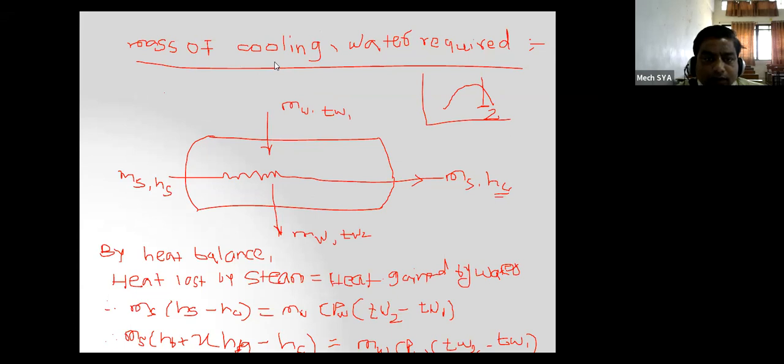Or is it visible now? Okay. Now you understood everything. So this much is the cooling ratio. Yes, sir. Okay. Thank you.